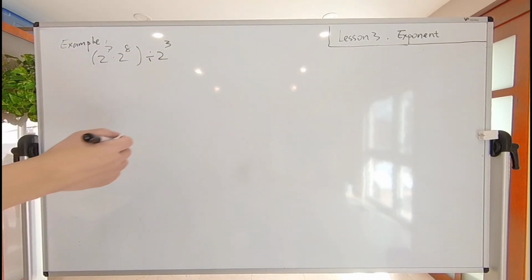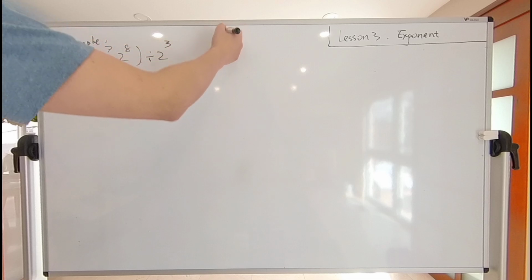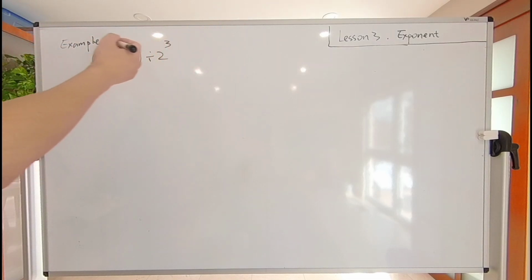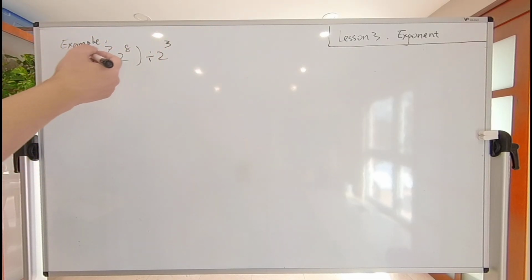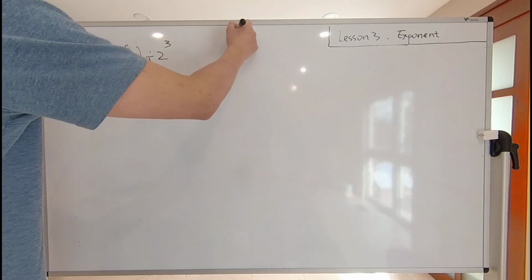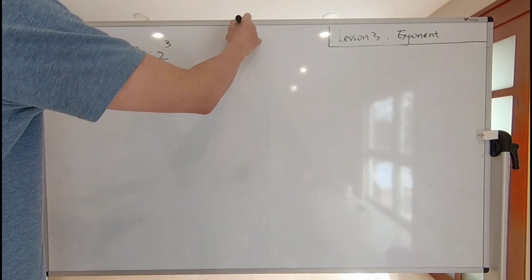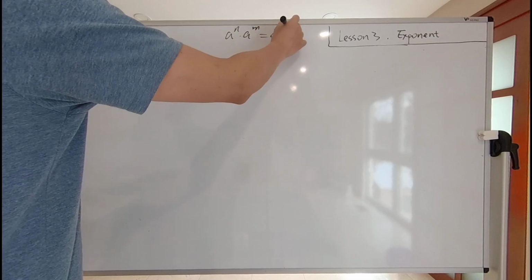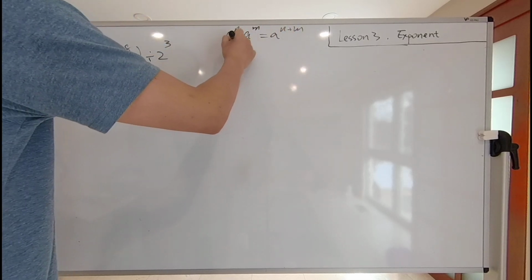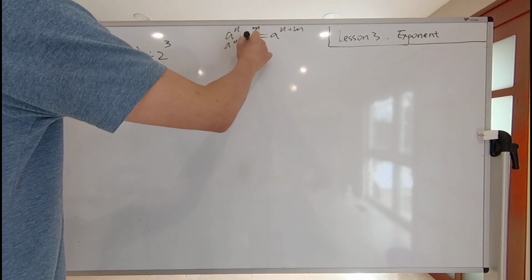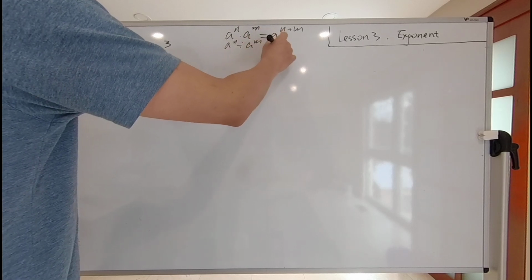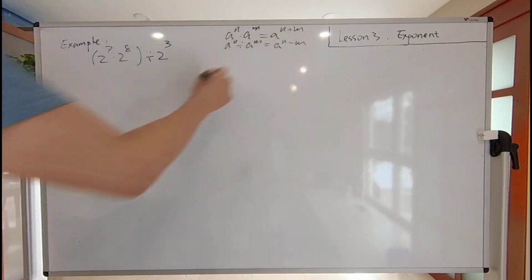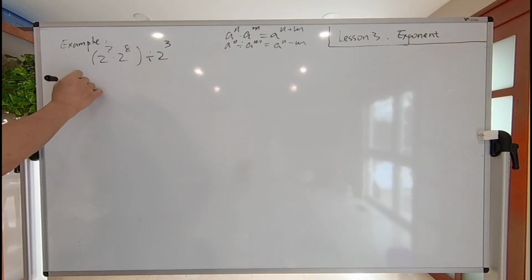Remember what we just learned about the product of powers: a^n times a^m is a^(n+m), and a^n divided by a^m is a^(n-m). So basically we just use the product of powers.